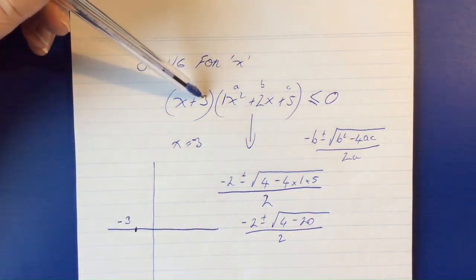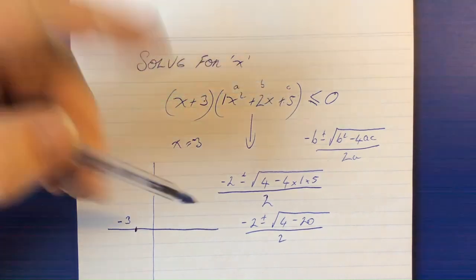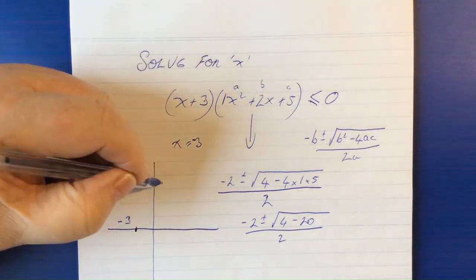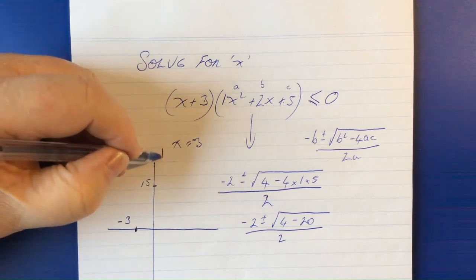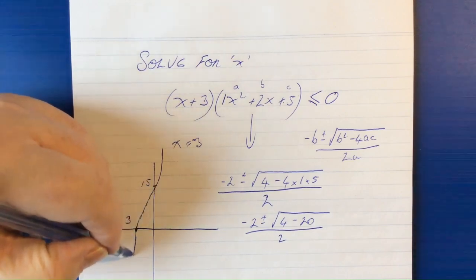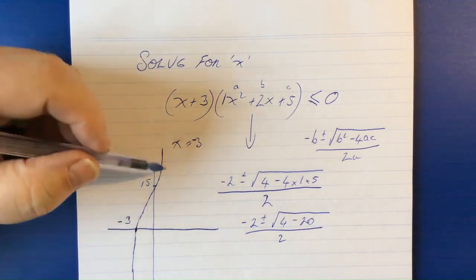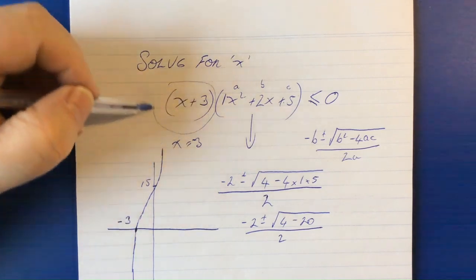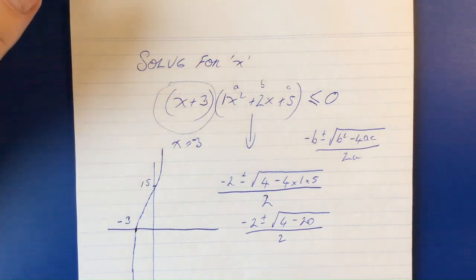Where does it touch the y-axis, out of interest? 3 times 5, at positive 15. What this looks like is this. It's got a characteristic cubic form, but it has only one x-intercept, and that's at negative 3.